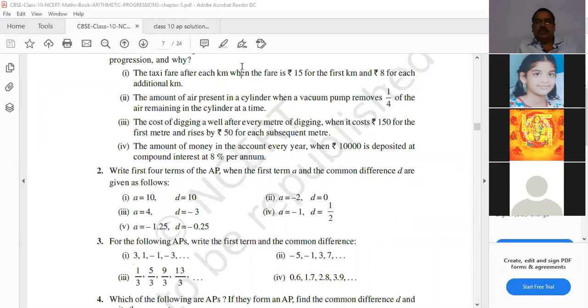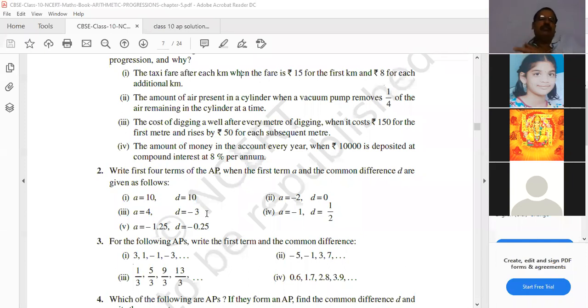A equals minus 1, minus 1 by 2, very good. 0, 1 by 2. Very good. You are adding 1 by 2 each time. Minus 1, minus half, 0, 1 by 2. Good. Now last one, fifth one.